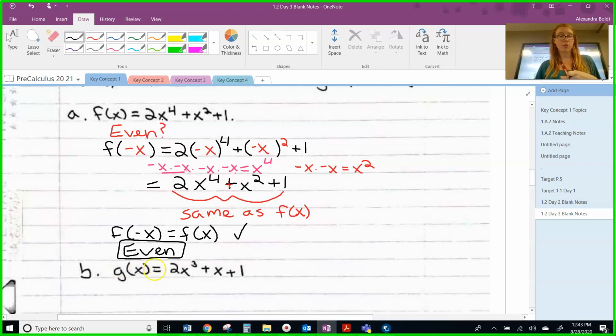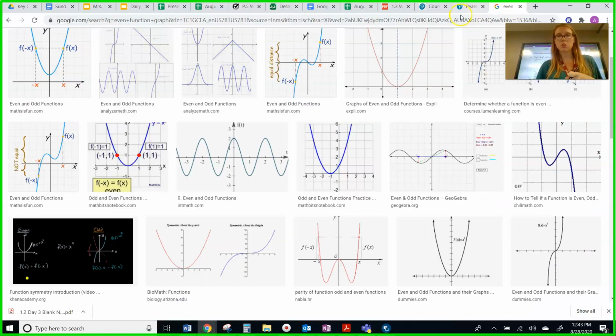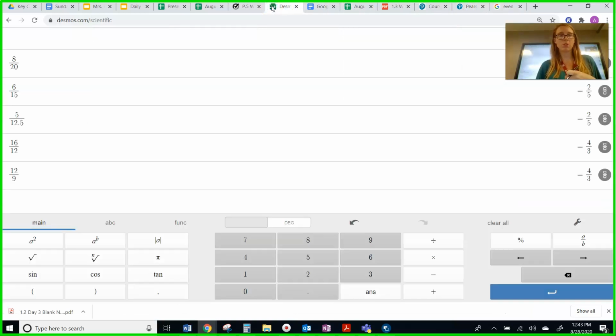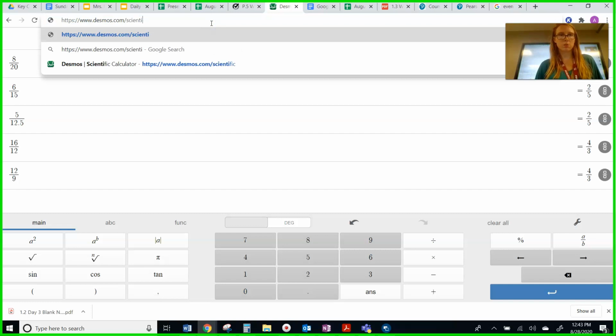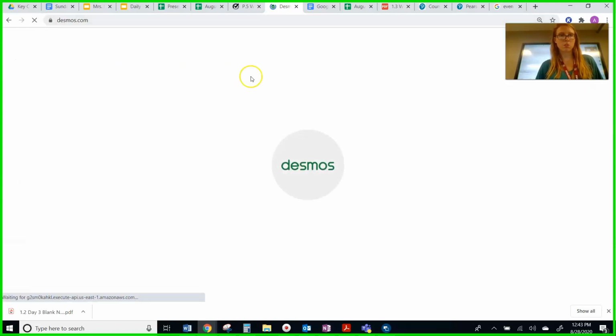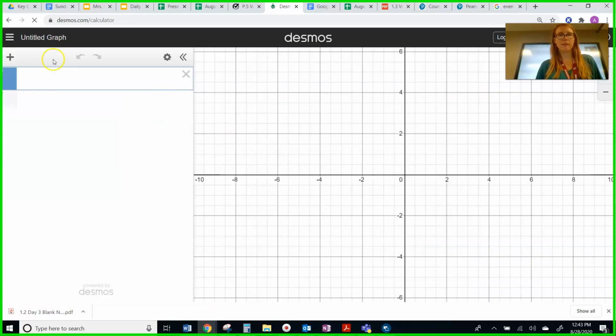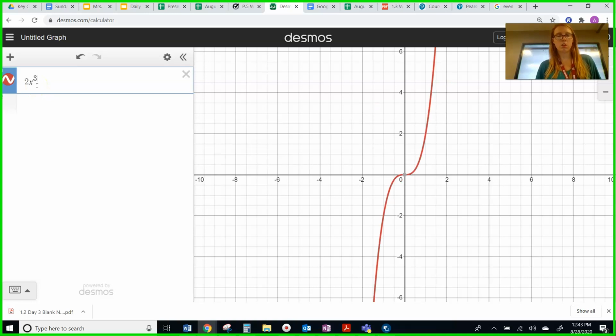So now we're going to check graphically, and to check graphically, again, we're just going to open Desmos. Do I have Desmos open? I do. So we had 2x to the fourth plus x squared plus 1.